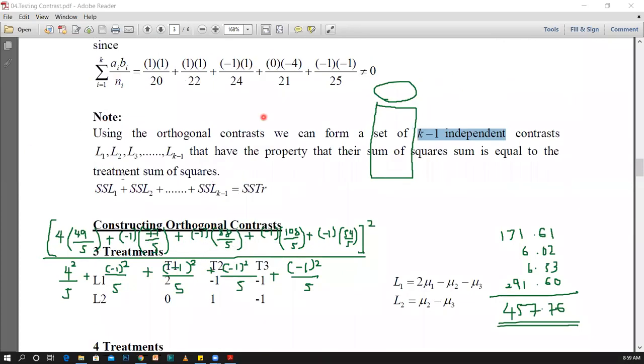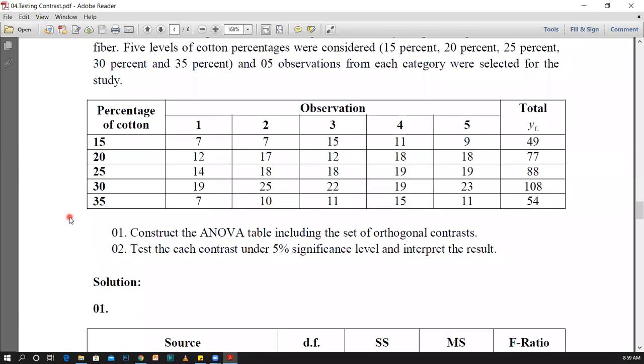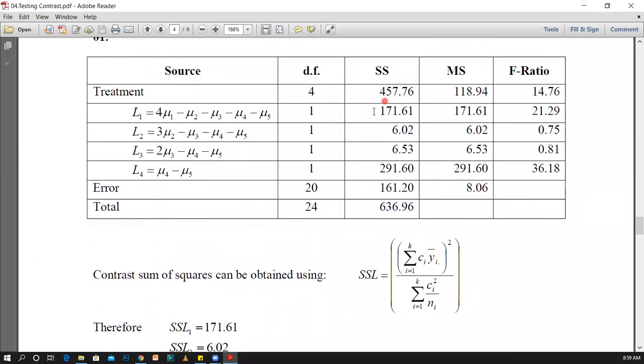This is what I explained previously. You can see in the note we are saying that the sum of the contrast sums of squares is equal to the treatment sum of squares. Now you can see it inside the ANOVA table also. Now you have to complete the next column, the MS column.